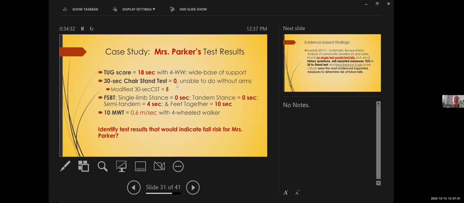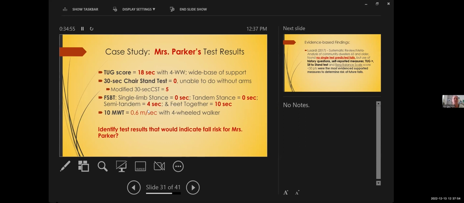With the 4-stage balance test, she could not stand on one leg. She could not do the tandem stance. She could do the semi-tandem stance for 4 seconds, and she could stand with feet together for 10. So again, she should be able to do a tandem stance for 10 seconds. So she'd be at a risk of fall there.